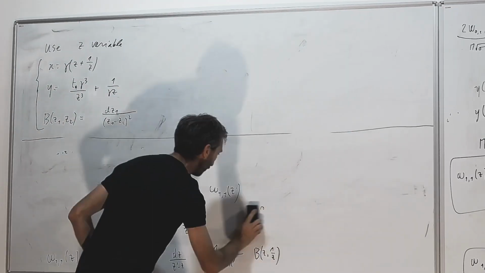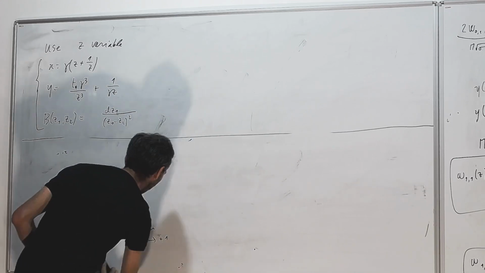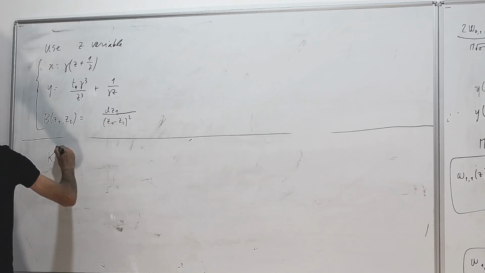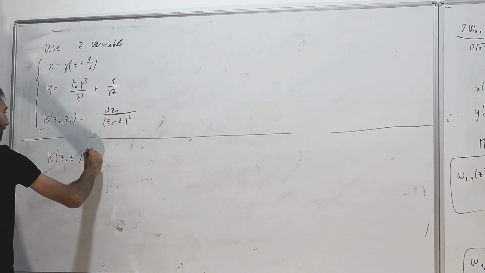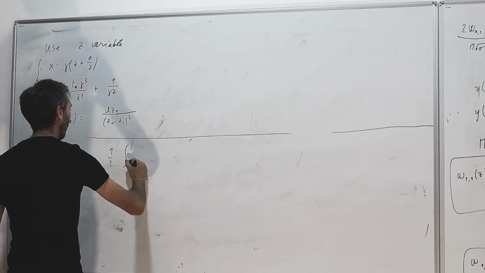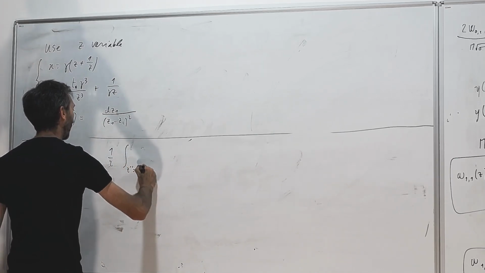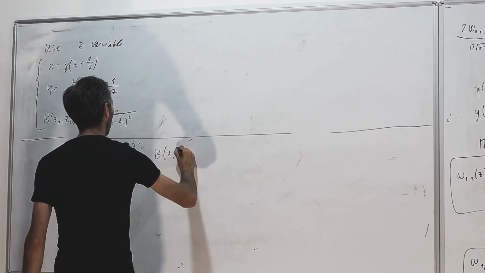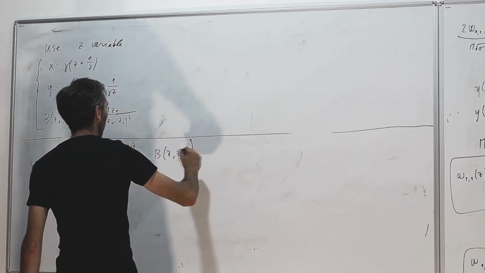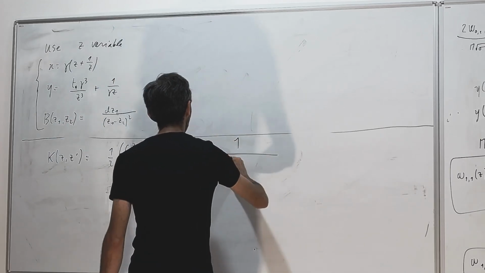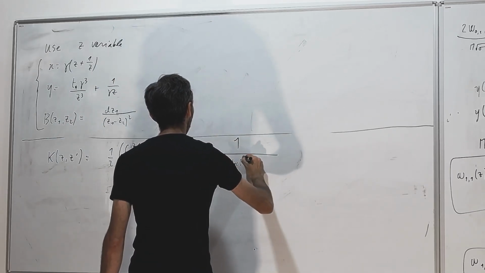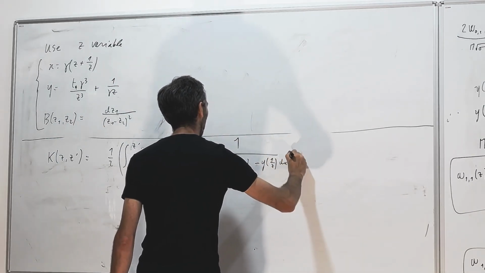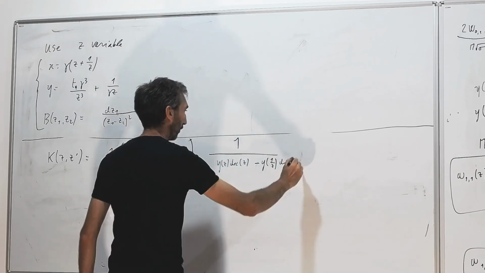The final formula for today will be that you take the kernel K of z and z prime to be 1/2 the integral from z second equals 1 over z prime to z prime of B of z second, times 1 over y of z dx of z minus y of 1 over z dx of 1 over z.